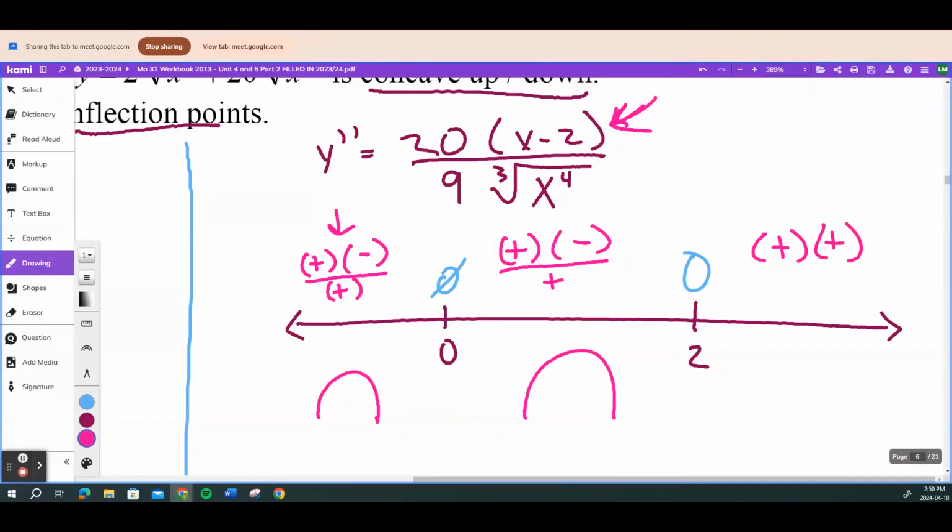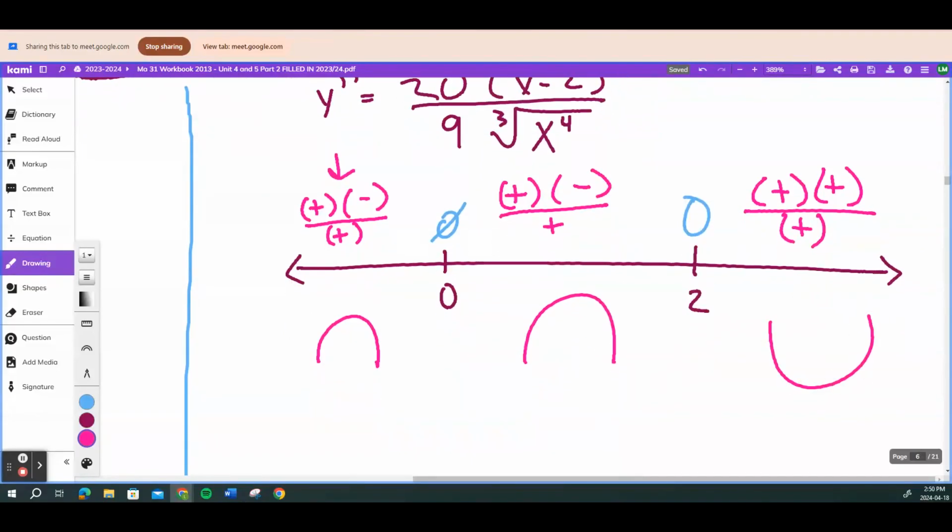That's going to have x minus 2 be a positive value, and the denominator will still be positive. So now we have concave up. So now we can say with certainty that we have an inflection point here because there's a change in concavity, and our graph still exists as we go across x equal to 2.